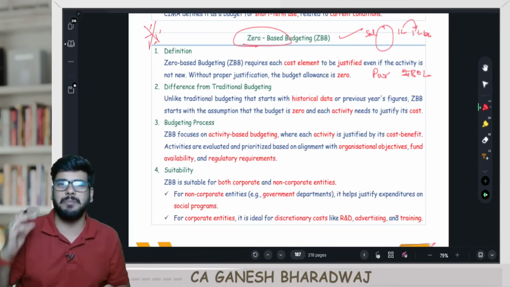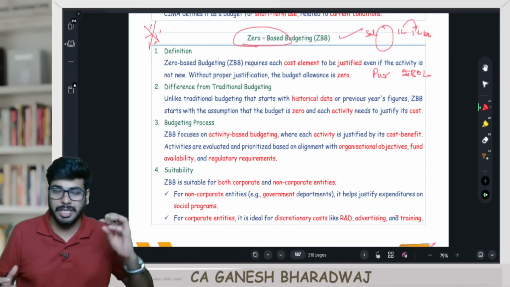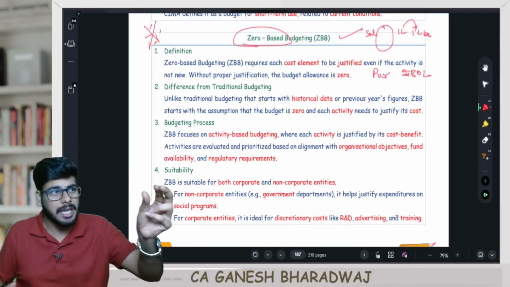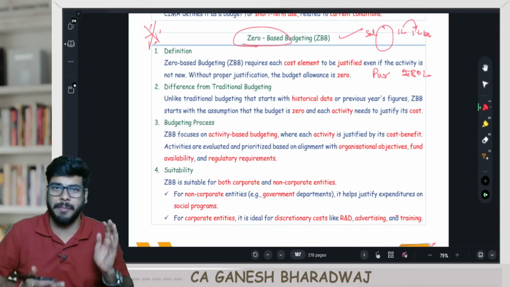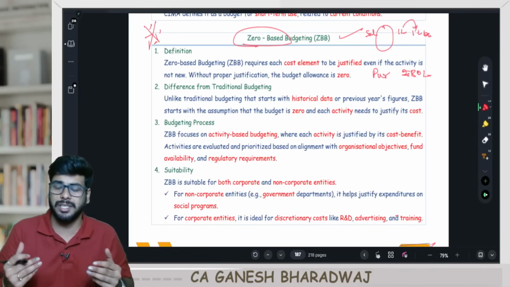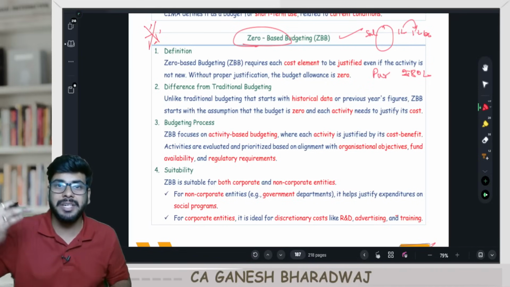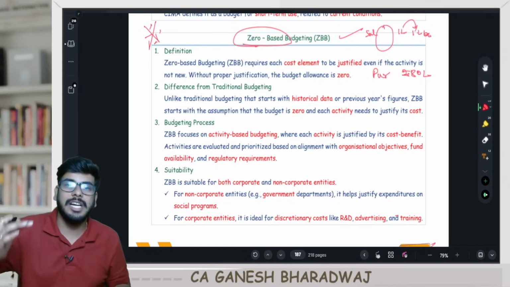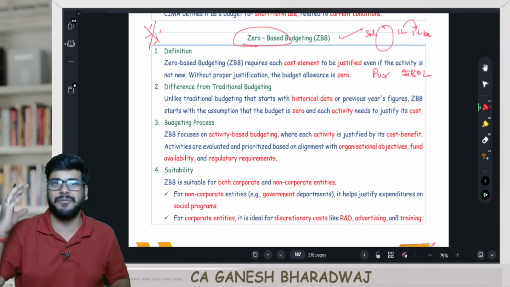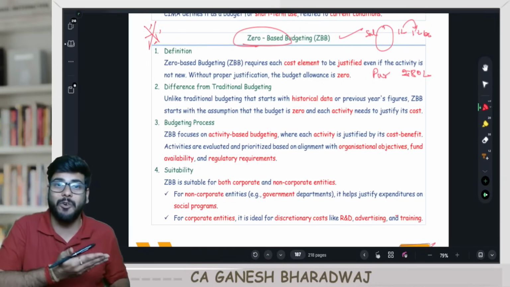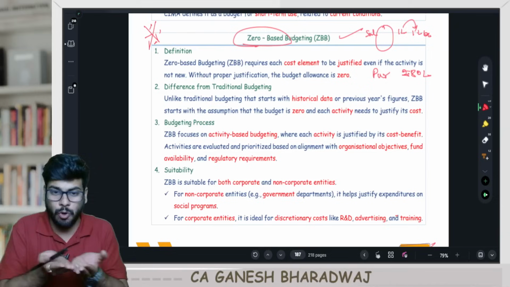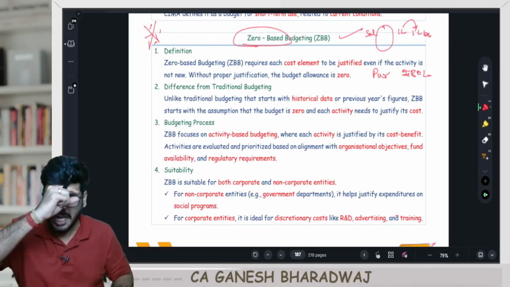I am planning to keep a closing stock of so much. Based on this, I need to adjust for stocks and purchase so and so kgs of raw material. Every kg of raw material, this is the cost. Like this, every single line item, you need to justify and arrive at the figure. This is called zero-based budgeting. There is no base on which you can increment line item wise.